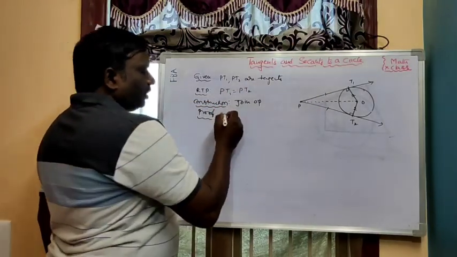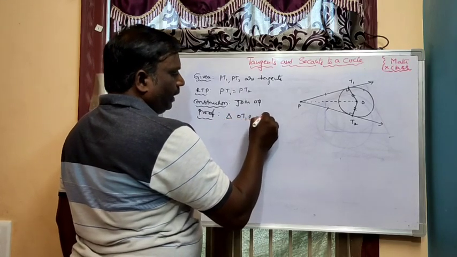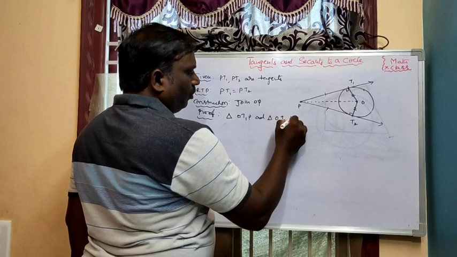Okay, so take triangle OT1P and triangle OT2P.